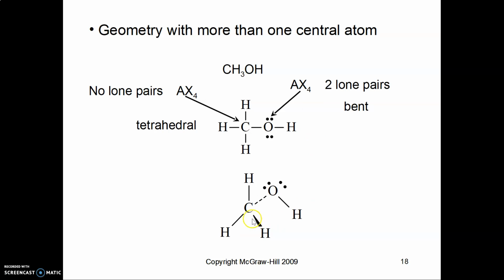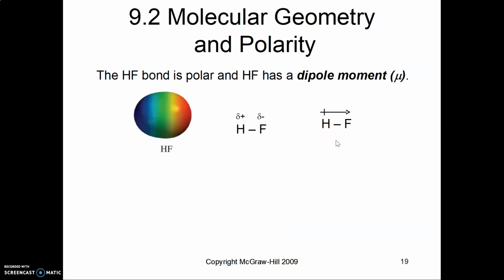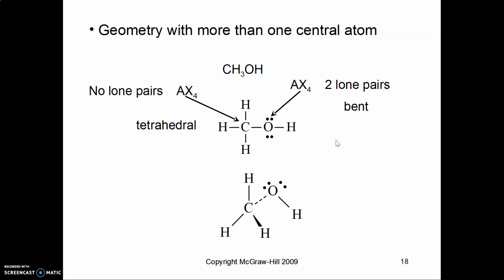So it actually looks something more like this. So we can actually do this with multiple central atoms. I will not have you do that, okay? Because, or if I do, it would be a very straightforward problem. But most of your practice problems will just have 1 central atom for the foreseeable future, okay?